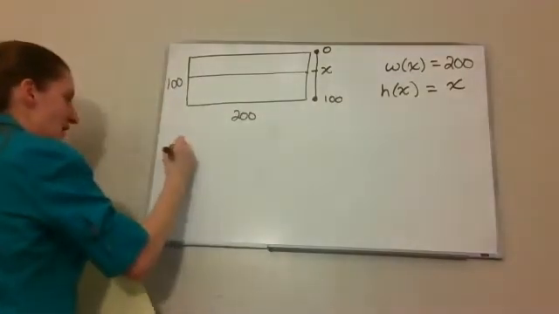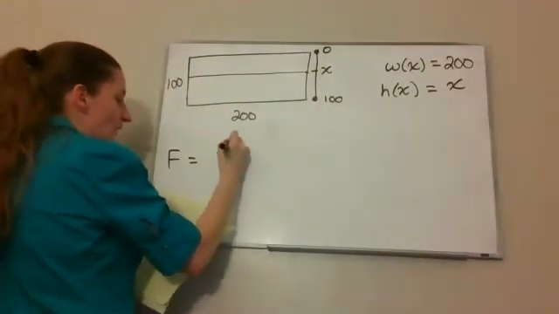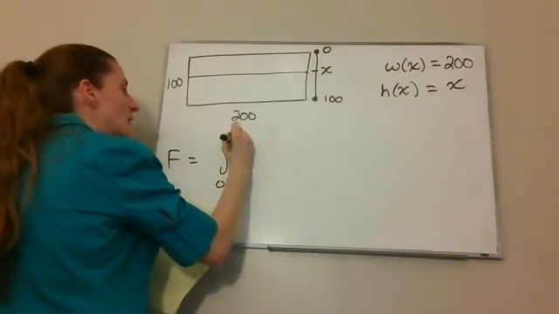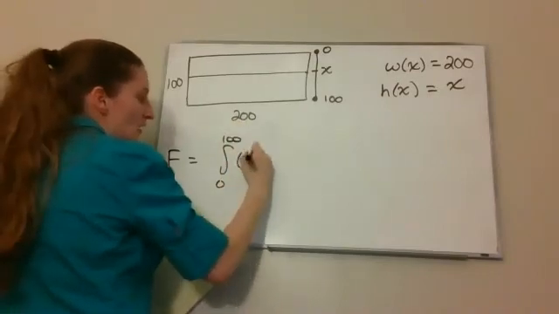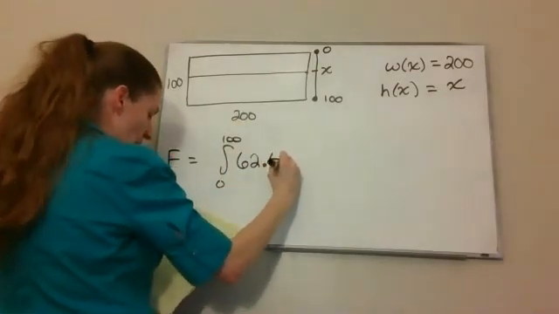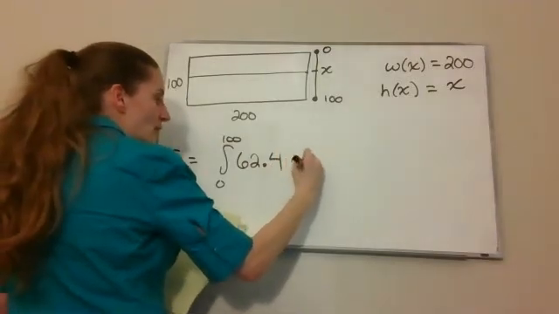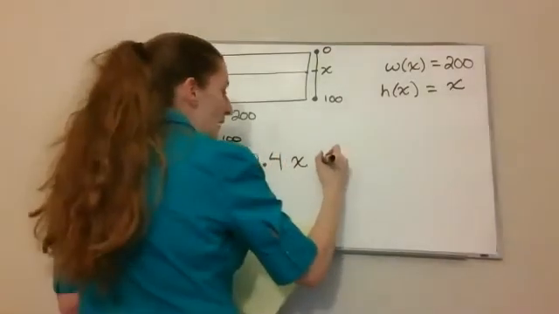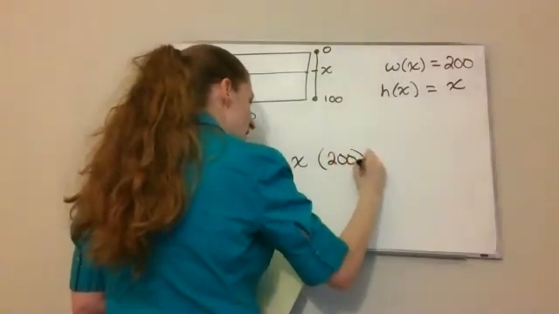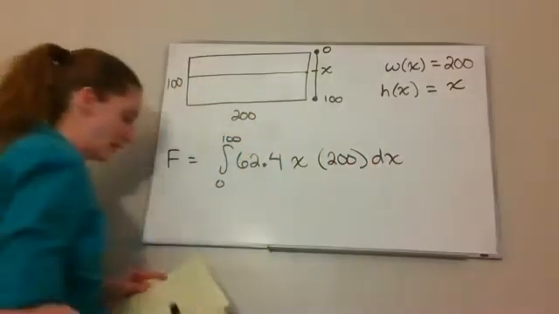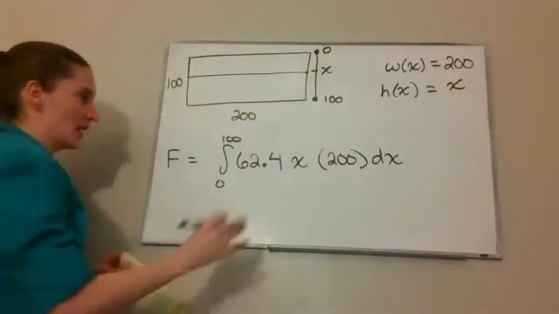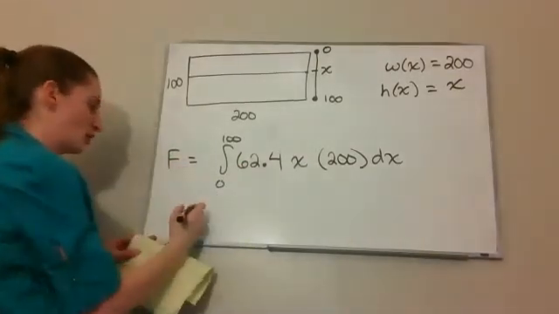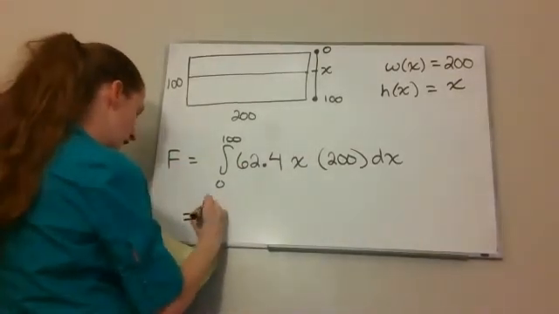So we get the fluid force is equal to an integral from 0 to 100 of 62.4 times my depth, which is x, times my width, which is 200, dx. And so I can take this 200 times my 62.4 and pull that outside of the integral.